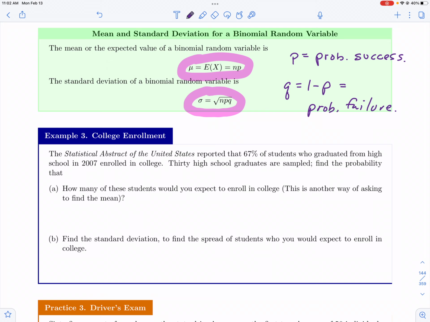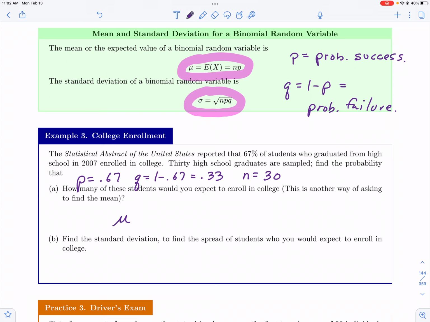All right, so with this one, our probability of success is going to be 0.67. Our Q is going to be 1 minus 0.67, which is 0.33. And then our N is going to be the 30 high school students that we're looking at.